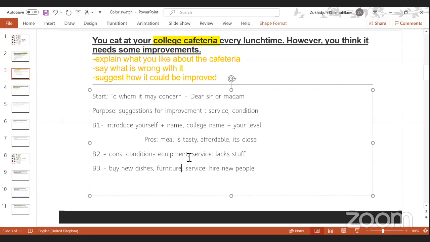Or the service is so slow, you are late to your classes mostly because the staff is only 2 and they have no time to serve you. Maybe they are rude. They should do some training with their staff, because in most places they are really rude and they may even offend you.